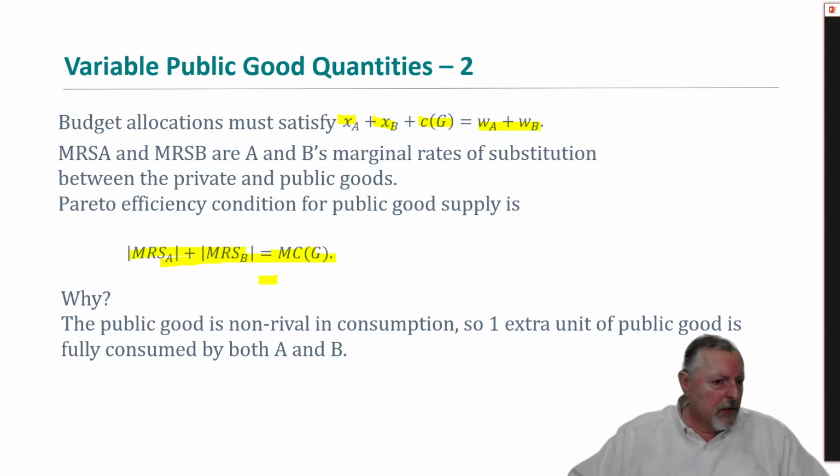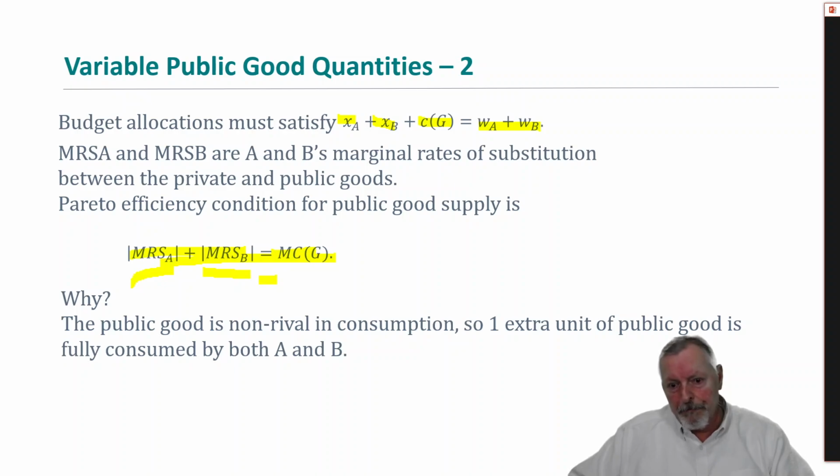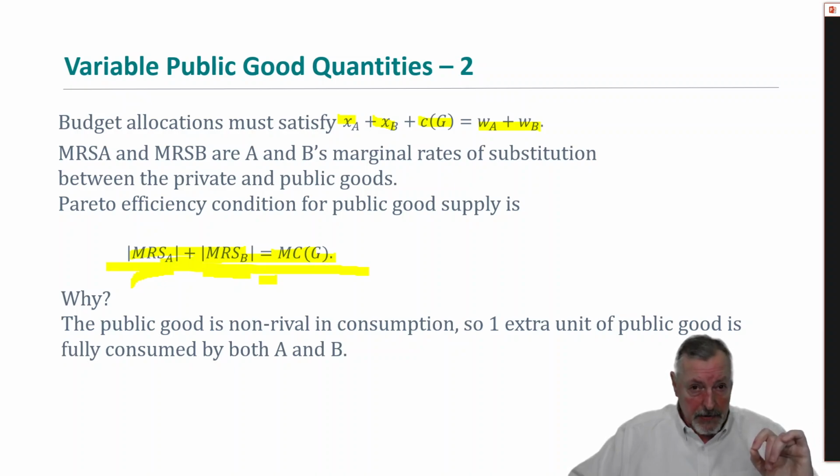If people thought the reservation price for the first person plus the reservation price for the second person, the total amount that collectively they think it's worth, was less than the marginal cost of one more unit, then they're overspending on public goods. They could have a Pareto improvement by reducing total spending. They're only at the Pareto optimal level of spending when this is an equality.